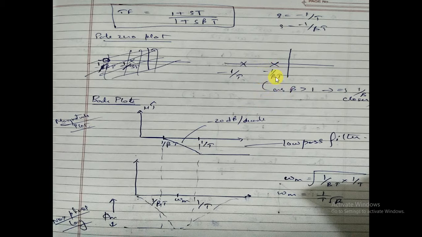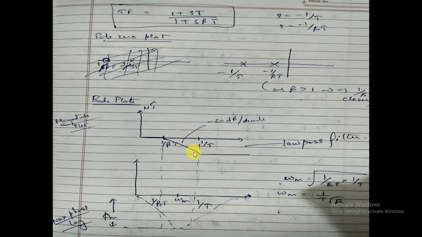So this is the pole zero representation, and as the pole is coming first, sorry, this is a zero. Okay, so this is the Bode plot of this.